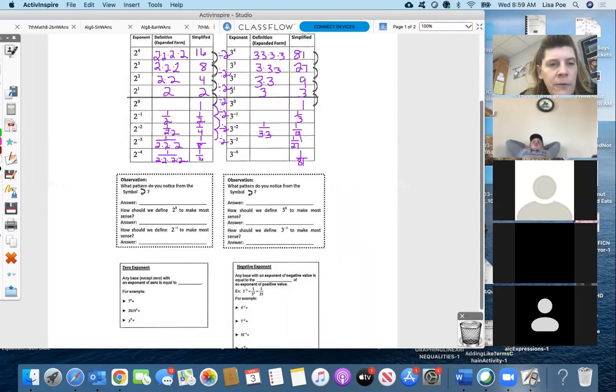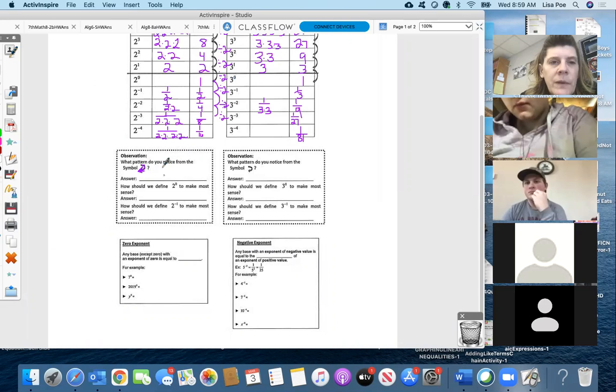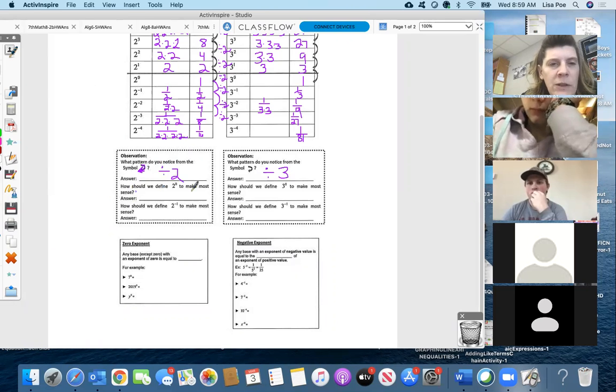So let's take a look first of all at our observation. It says, what pattern do you notice? What did we do at that symbol? Do you remember what we did? We divided by 2 on this side, and over here we divided by 3, correct? Okay, now how should we define 2 to the 0 to make most sense?